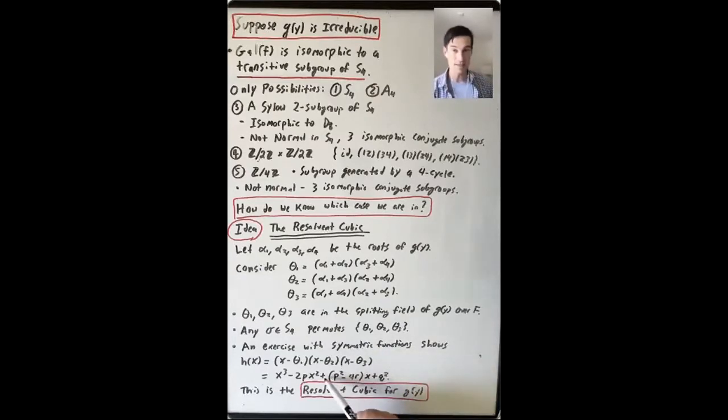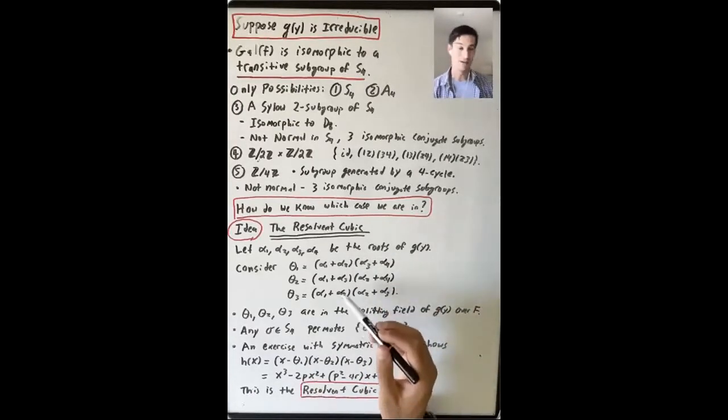You can see the details of this calculation in Dummit and Foote, but the idea is, what is the x squared coefficient of this polynomial? It's negative the sum of these thetas, and you can compute the sum of these thetas in terms of these alphas.